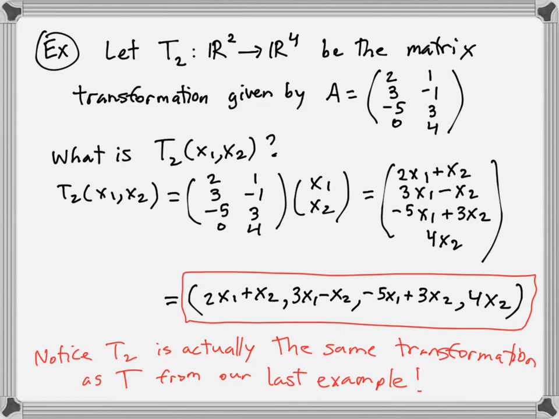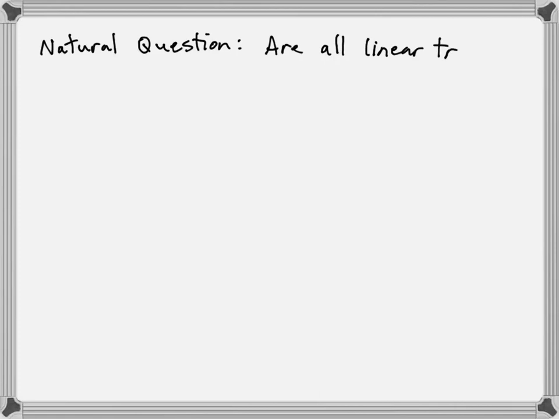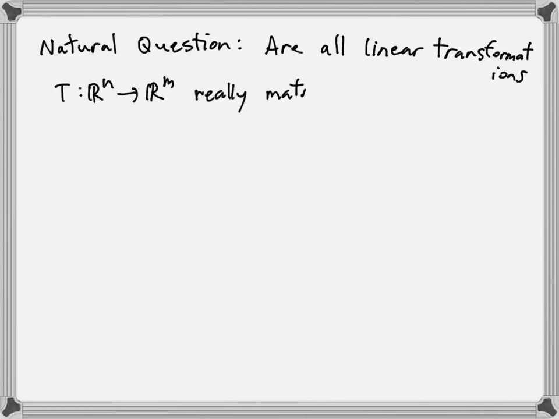So a natural question arises out of this. Let me write this down on the next slide here. So natural question. Are all linear transformations T going from Rn to Rm really matrix transformations?